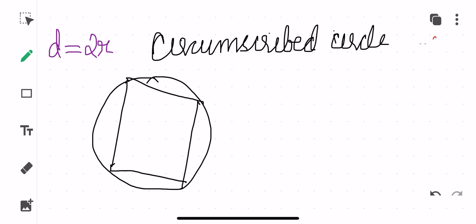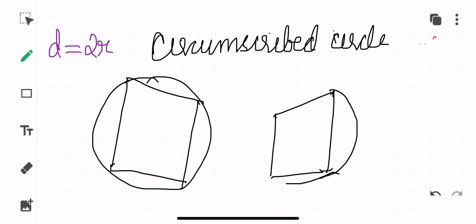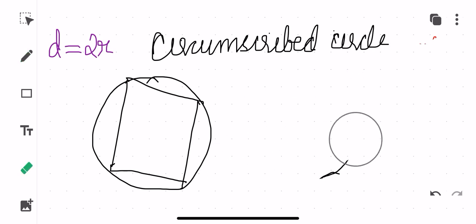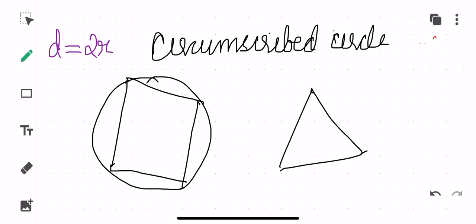Suppose I have a figure like this. Any circle which passes through all the vertices of this particular polygon is called a circumscribed circle.